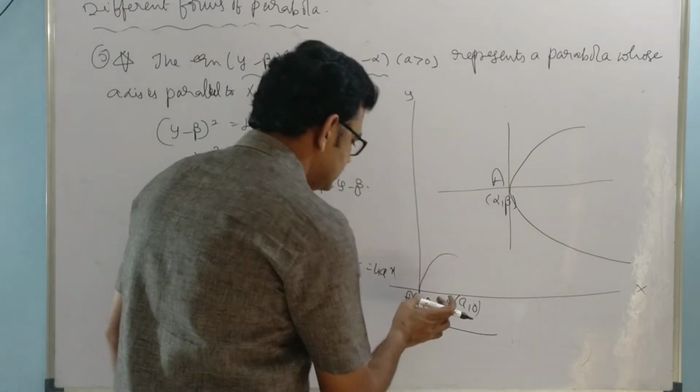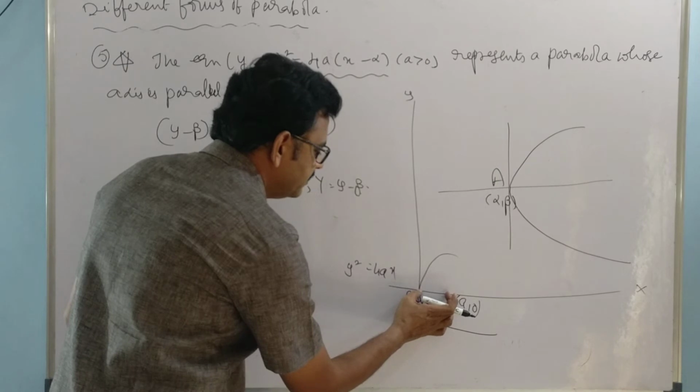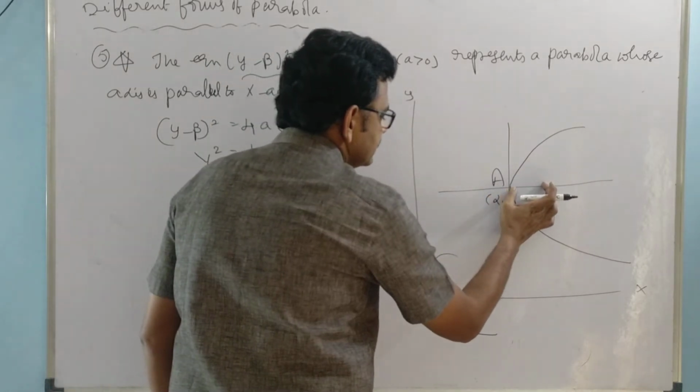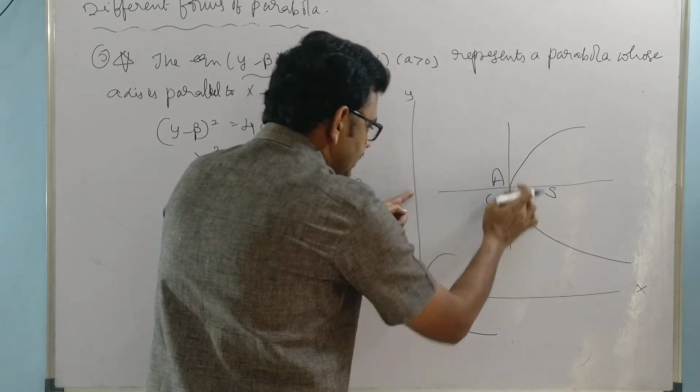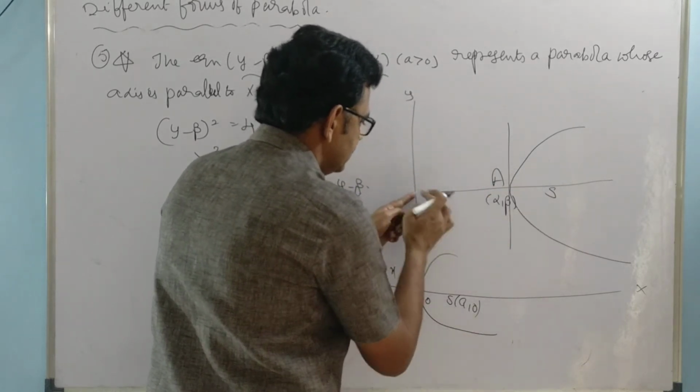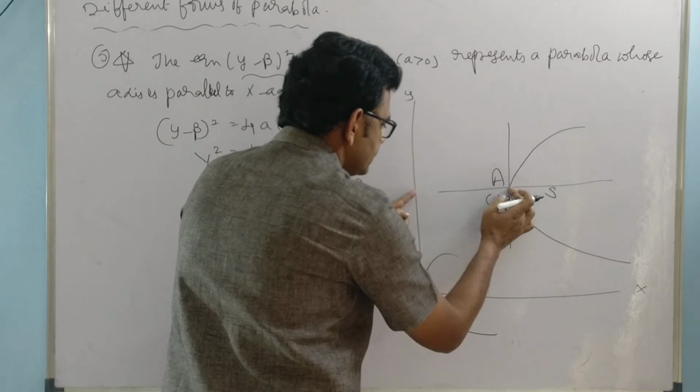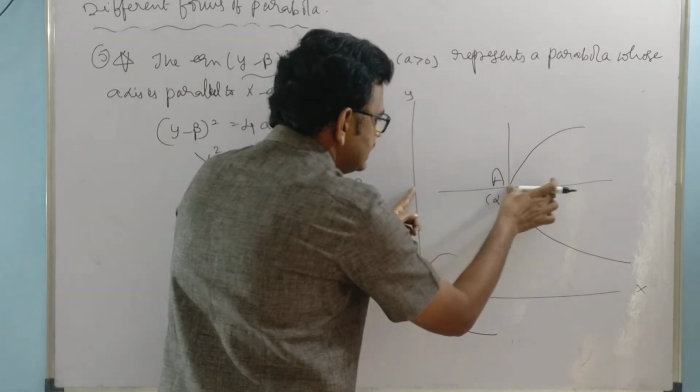Now according to this, AS equal to distance is a units, so this is also a units. The focus is at a units, and here this is alpha and this is beta. The distance from the y-axis to this is alpha plus a.